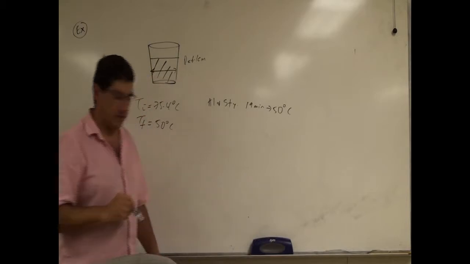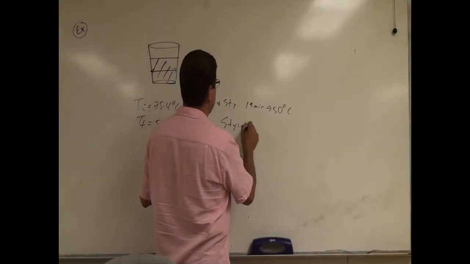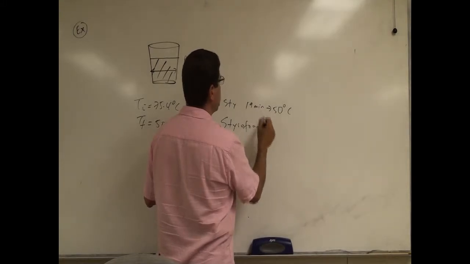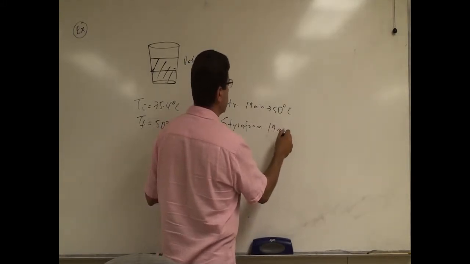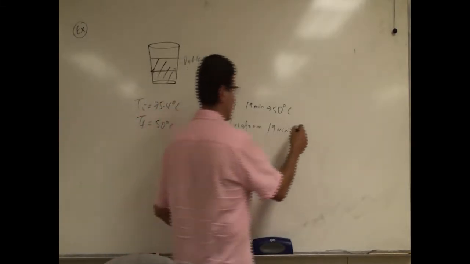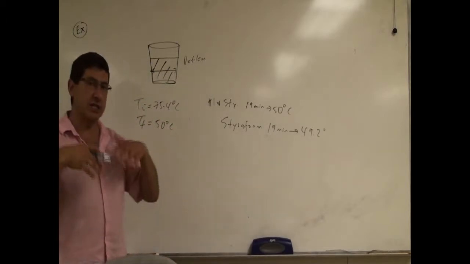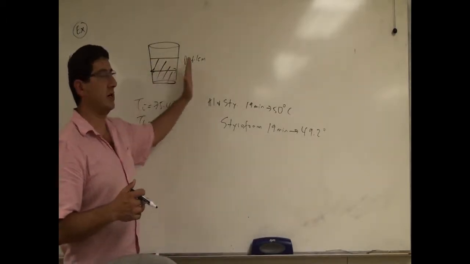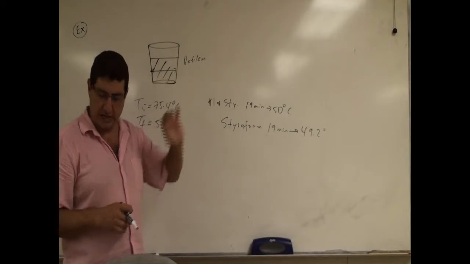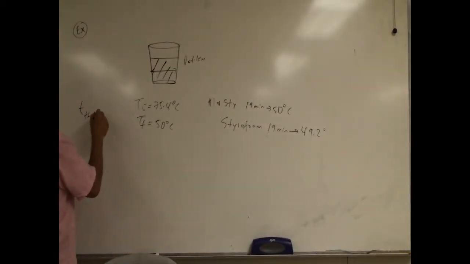And the styrofoam alone, in that same time, 19 minutes, had cooled down to 49.2 Celsius. So the styrofoam had cooled quicker. When we did the theoretical prediction of the conduction of heat, we got something like 27 minutes, T theoretical.